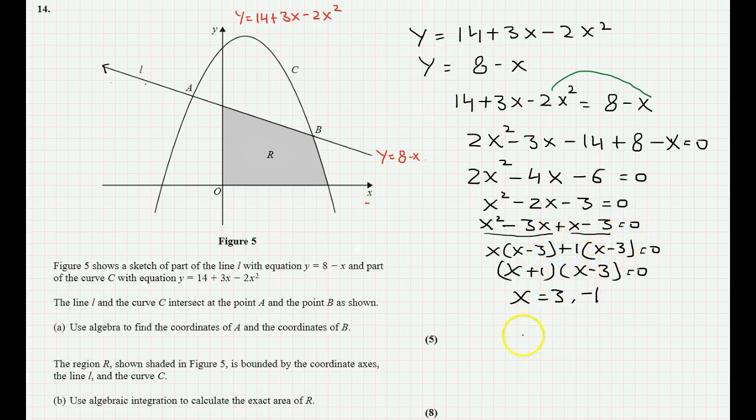So we put in this equation, and we can say, but y is equal to 8 minus x. So if x is equal to 3, y will be 8 minus 3, that is 5.